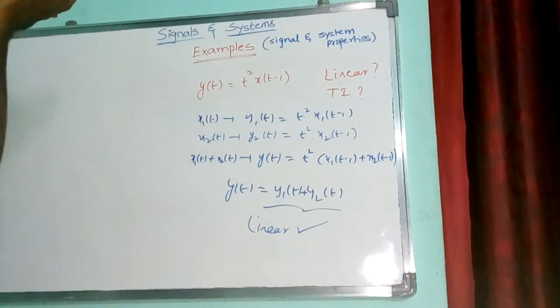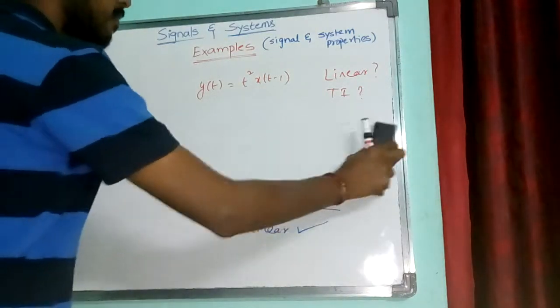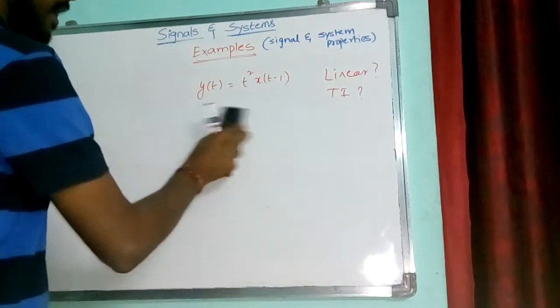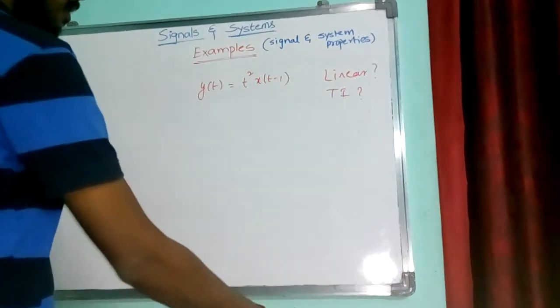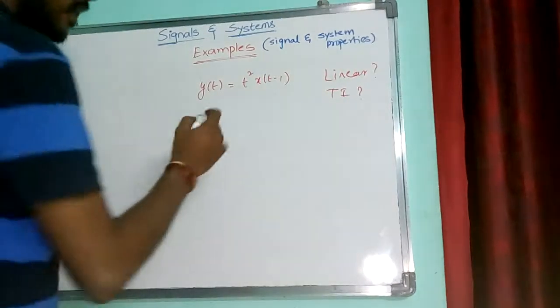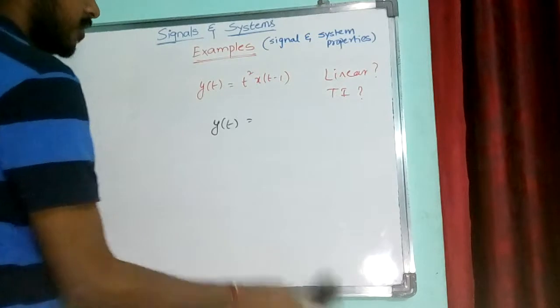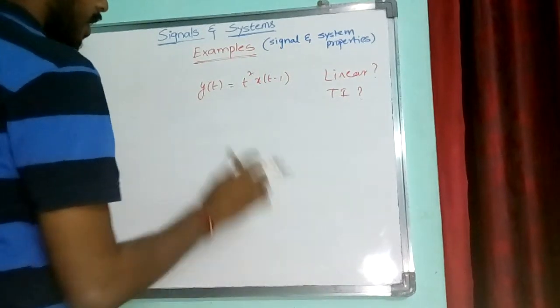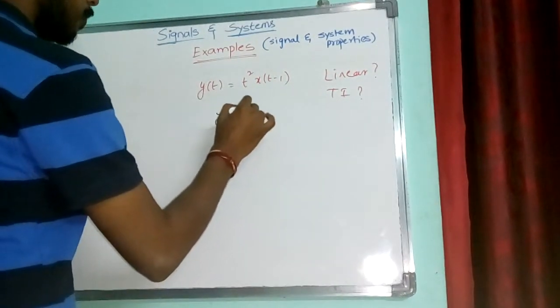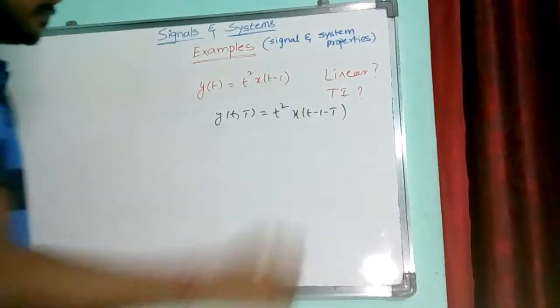So I already told you in the last class regarding this kind of problems, if it involves any algebraic sum or algebraic constant like t square, then it is a non-linear system. But anyhow, we check for it. First, y of t is t square into x of t minus 1. Now I will shift it at the output side, then I get x of t minus 1 minus t.